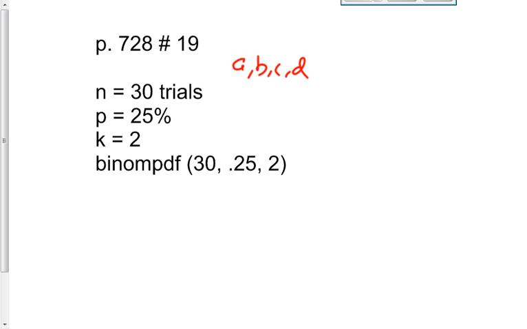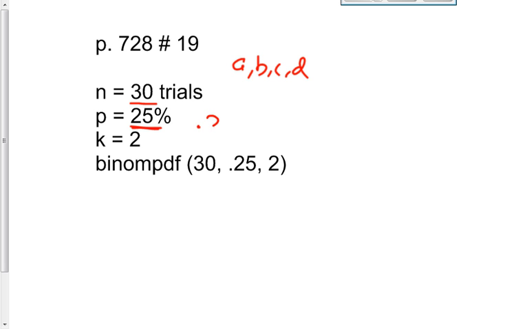n refers to how many trials we're going to be doing. In this case, it said it was a 30-question multiple choice test. So n refers to 30. p is the probability. Well, if I have 4 choices for multiple choice, A, B, C, D, 1 in 4 chance that I'll pick the right one, that's 1/4, 25%.